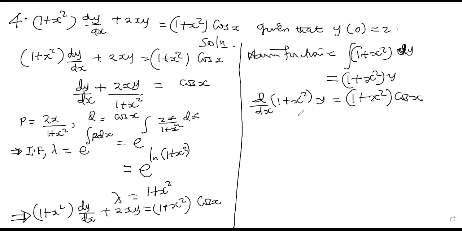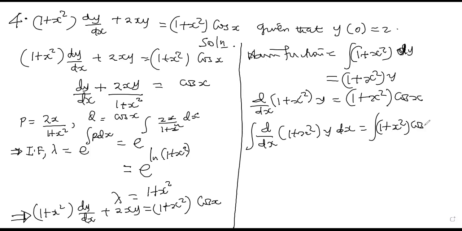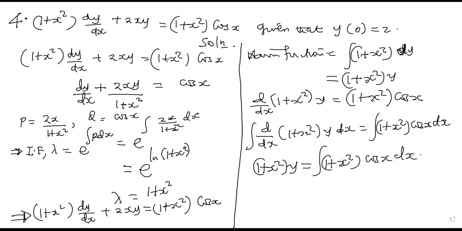So now integrate both sides. The integral of d/dx of (1 plus x squared) y dx is going to be equal to the integral of (1 plus x squared) cos x dx. When you integrate the derivative, you get that very function. So (1 plus x squared) y is equal to the integral of (1 plus x squared) cos x dx.